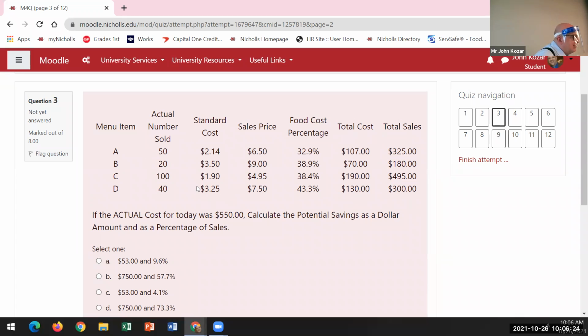So you have to add your costs, add your sales, calculate your food cost percentage, and then compare that to the food cost percentage from your actual sales, which is totaling these sales and dividing that into the 550.